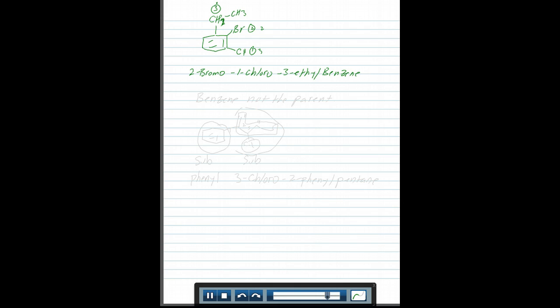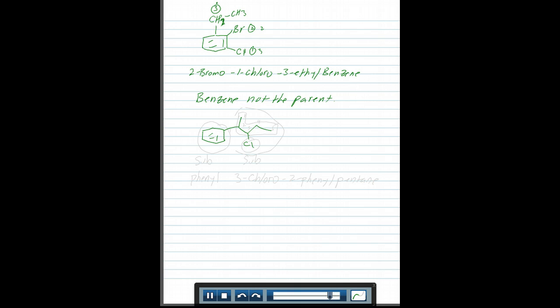Makes sense? Now, what happens when benzene is not the parent? When does this occur? This occurs when the substituent hanging off of the benzene ring is too complicated to name as an easy name. For example, let's say I have a benzene ring, and something that looks like this.